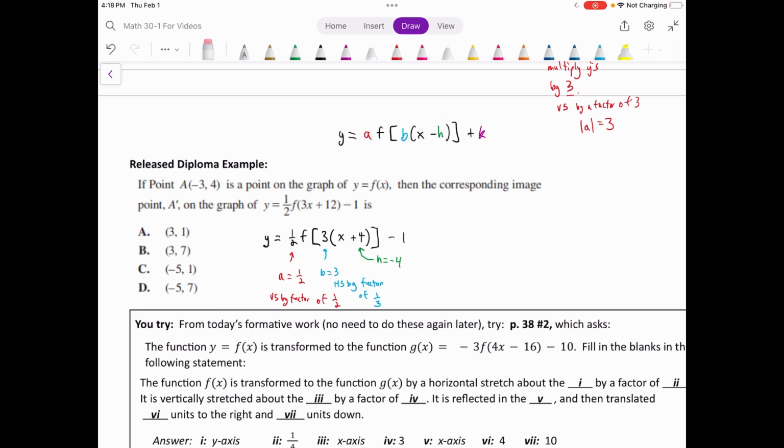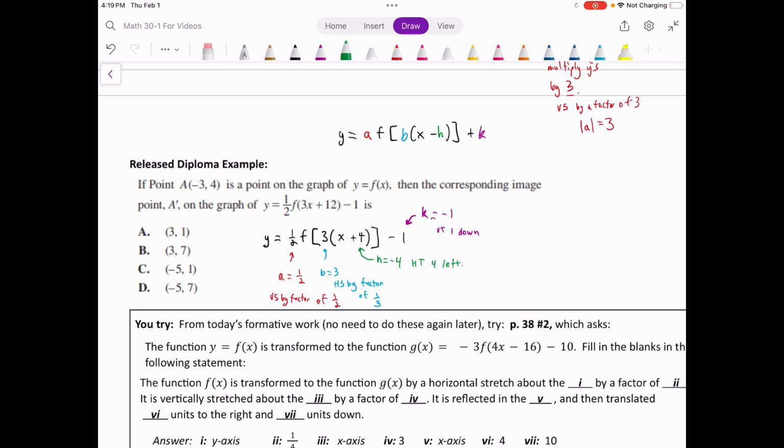So it must be -4 so that x minus -4 simplifies to x plus 4, right? And again, that comes from the fact that x is not isolated. If we were to isolate for x, we'd see that we end up subtracting 4 from each side. And our k is -1. So this gives us a vertical translation, 1 unit down. This one gave us a horizontal translation, 4 units left.